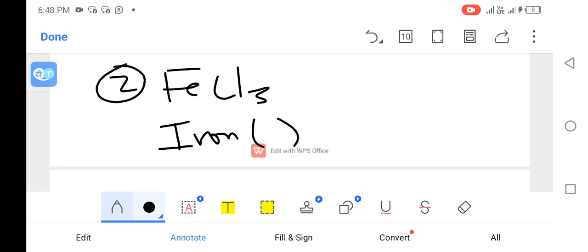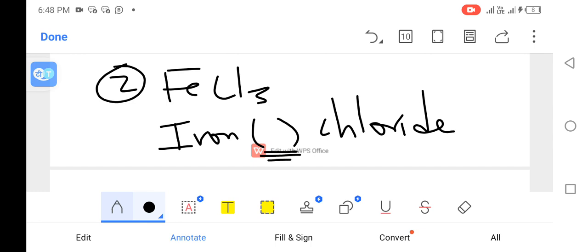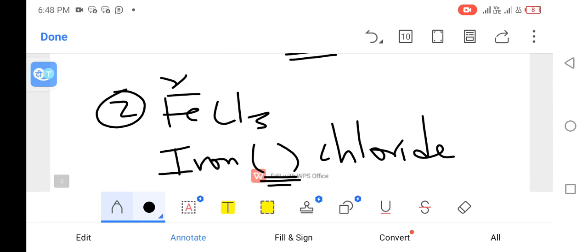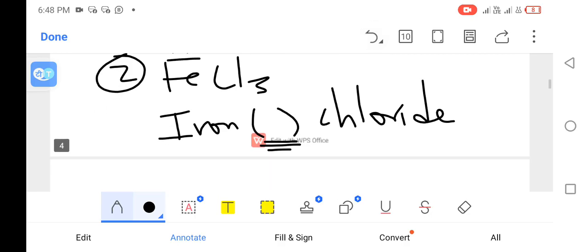Give a gap. Chlorine becomes chloride, because it must end with IDE. After the iron, I gave this gap. Let your iron be your unknown. We don't know what iron is, but we know that the valency of chlorine is -1. Please check back our previous video.